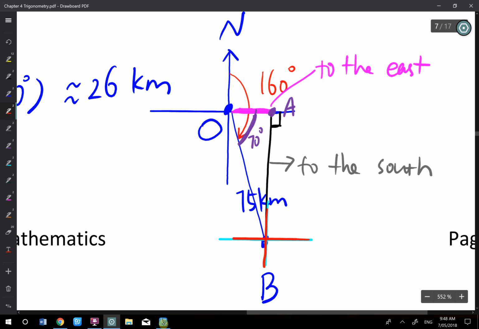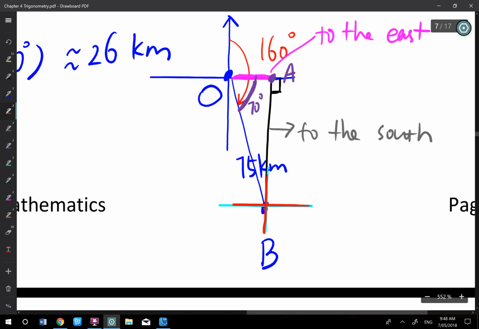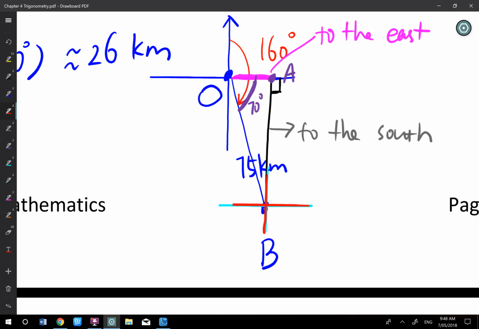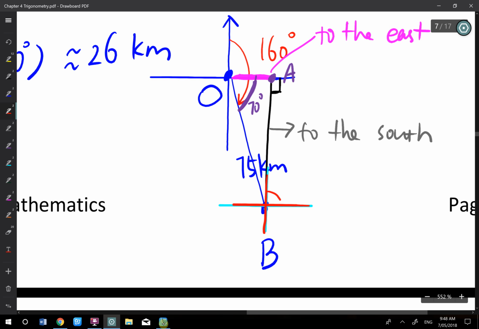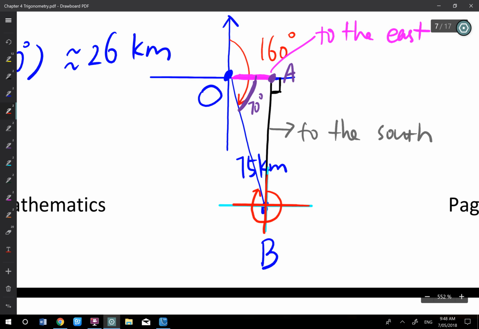So I draw the compass at B. But this line is already north, because it's perpendicular to this line here. So the bearing of O from B will be this big one here. It's all the way clockwise until I meet this line.